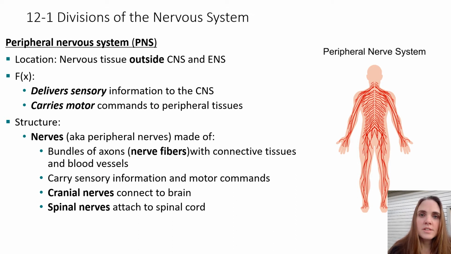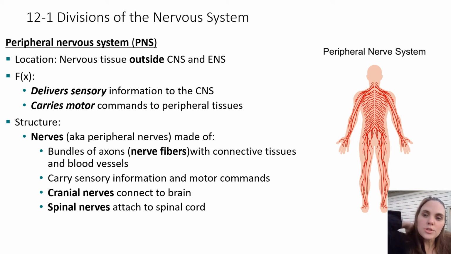The peripheral nervous system is that nervous tissue located outside the central nervous system and outside the enteric nervous system. The function of the peripheral nervous system is to deliver that sensory information that's coming in from outside our body or from our internal organs to the central nervous system, and then to also carry commands coming from the central nervous system out to peripheral tissues.